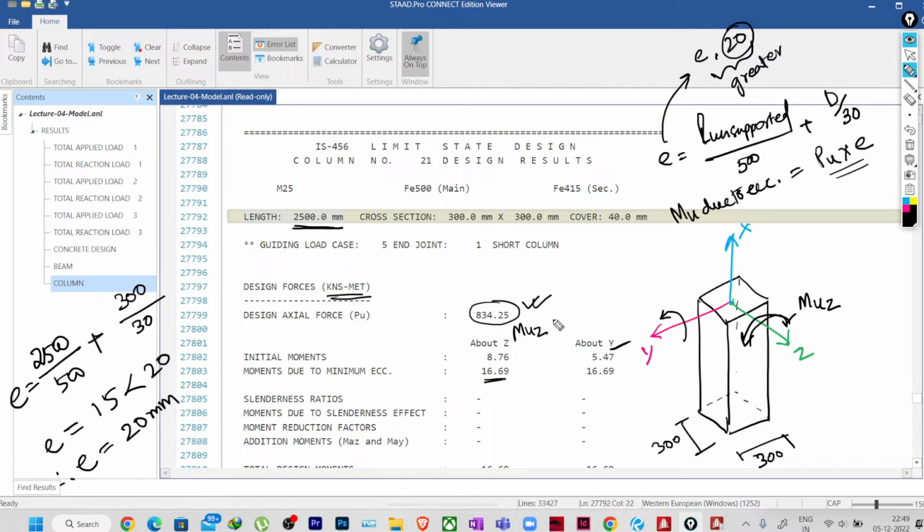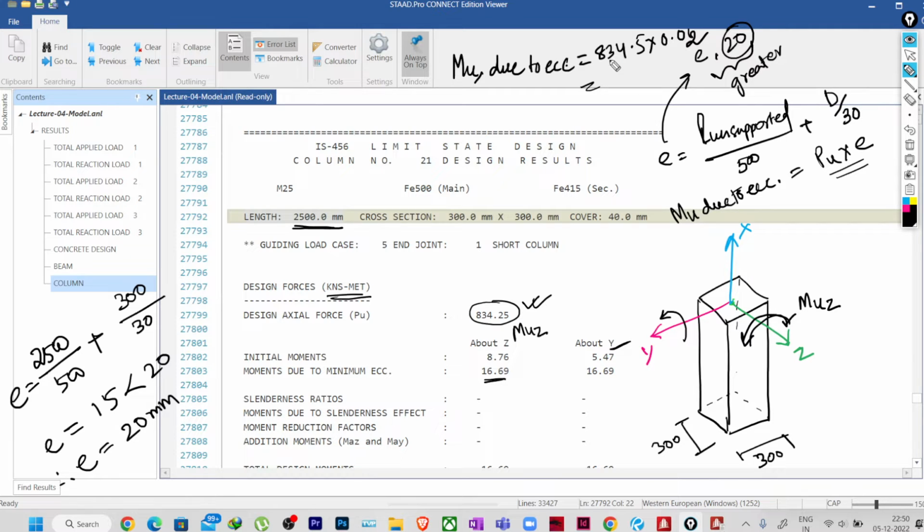So what will be the moment due to eccentricity? This factored Pu value we got, so Pu into e. Mu due to eccentricity will be 834.5 multiplied by 0.02, in kilonewton meter.